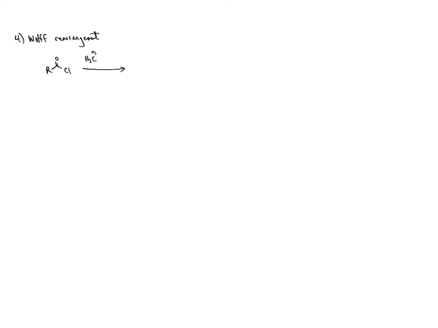If you recall, diazomethane has the following structure. What we can do is form the ketone here, and if you were to heat that up, what you would get is a functional group known as a ketene.